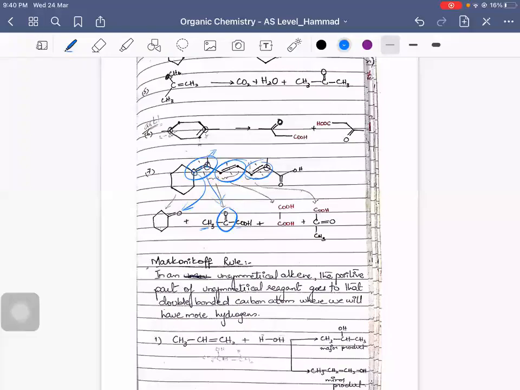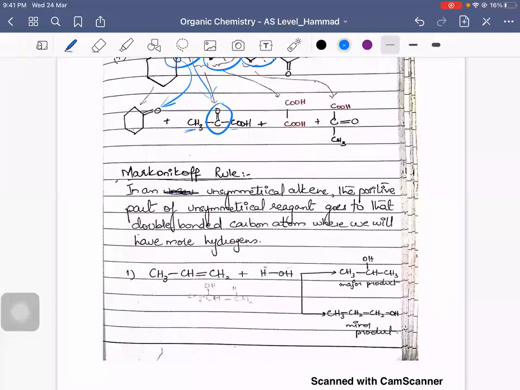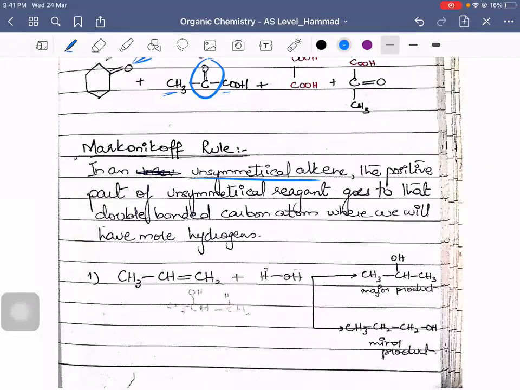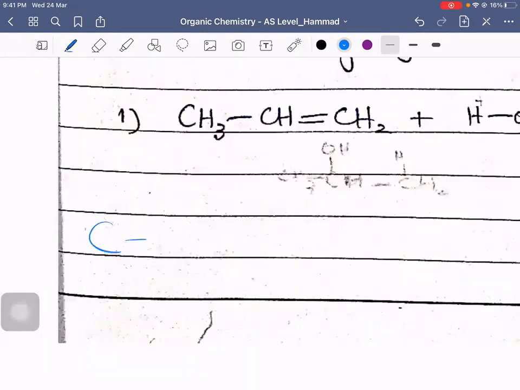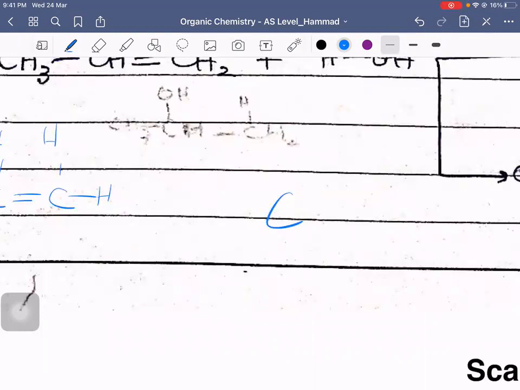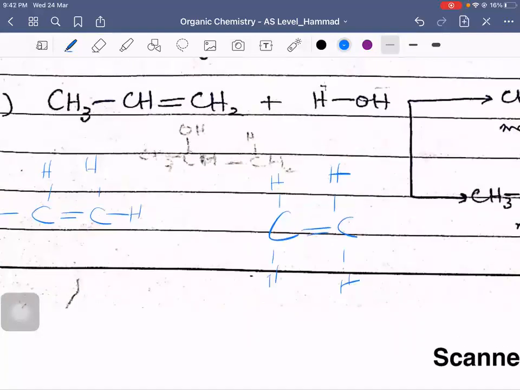Next is Markovnikov's rule. In an unsymmetrical alkene, the positive part of the unsymmetrical reagent goes to that double bonded carbon atom where we will have more hydrogen. Basically, this is a symmetrical alkene.